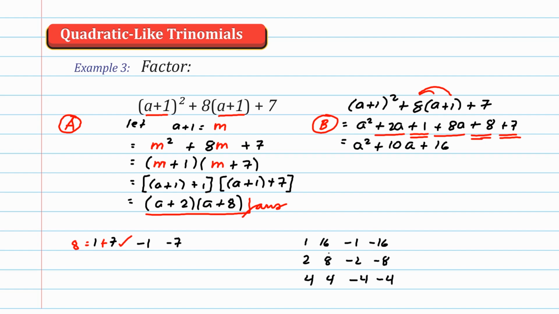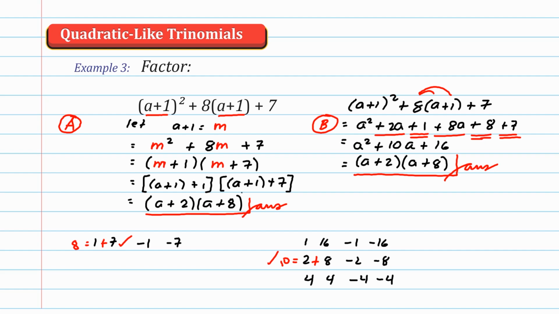Now, which among these factors would add up to the middle numerical coefficient 10? By observation, 2 plus 8 is equal to 10. Therefore, let's use them. So doing that, we now have a plus 2 times a plus 8. As you can see, they are the same with what we solved here previously. Our answer must be correct.